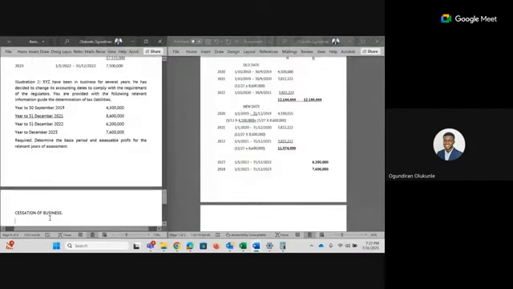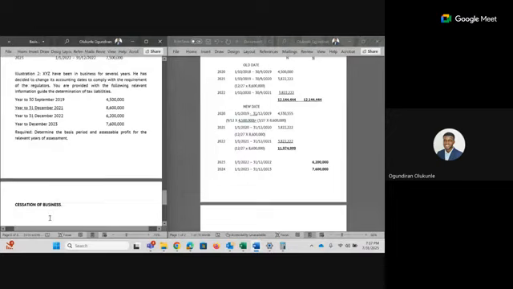So what is cessation of business? Cessation of business, like the name implies, occurs when a business ceases to operate. It could be because of economic conditions, it could be because of the business environment. A lot of things can make businesses stop functioning.